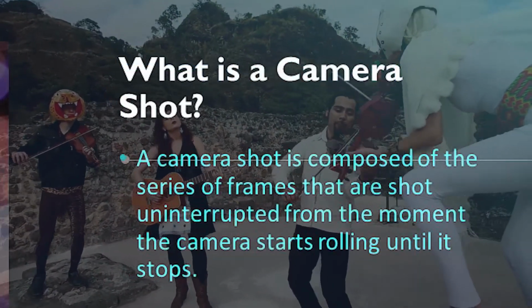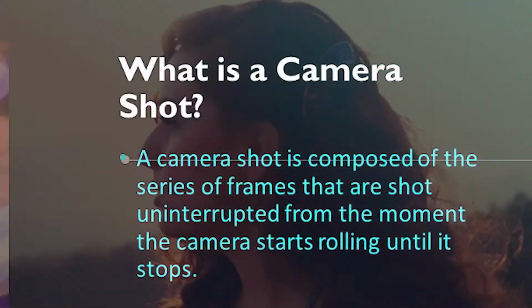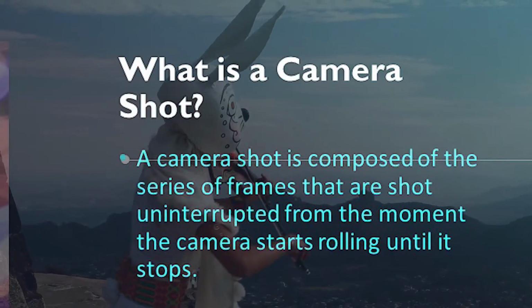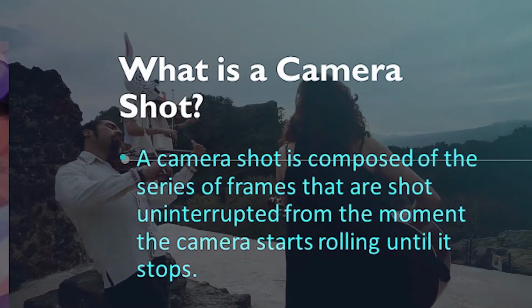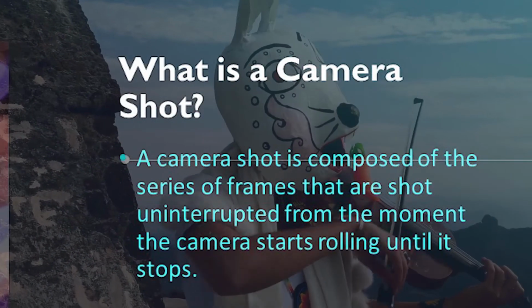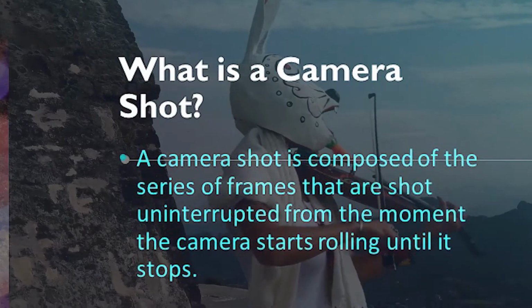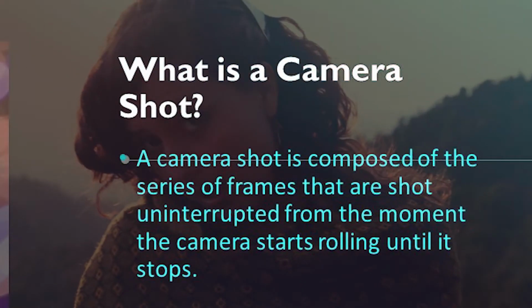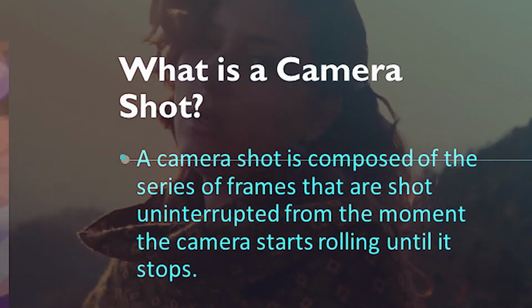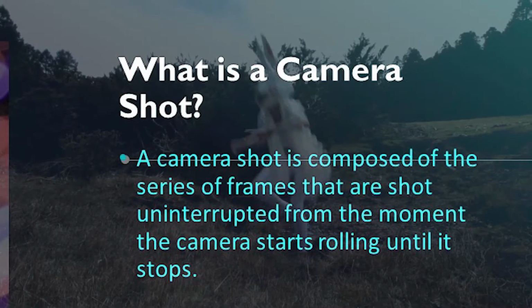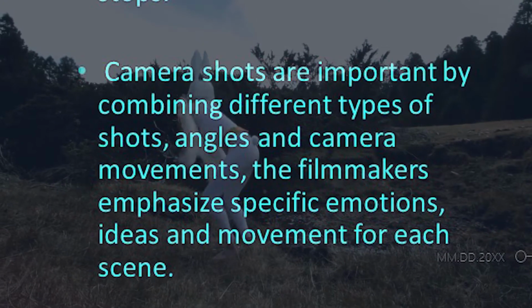Hang in with me. So, what is a camera shot? Have you ever heard anyone say, oh, get that camera shot for me? Oh, get this shot for me, please. Oh, get right here, get this shot. Okay, so a camera shot, for the record, is composed of a series of frames that are shot uninterrupted from the moment the camera starts rolling until it stops.